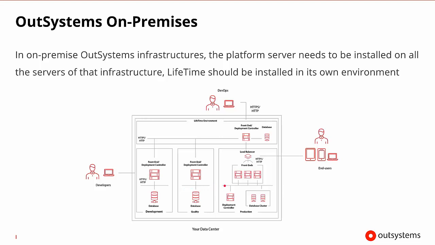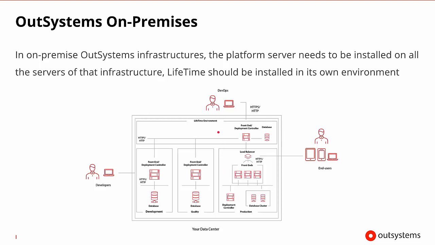a slightly more complicated environment where we may have not just one front end, but multiple front ends, and where in development and QA, we may take our front ends and deployment controllers and have them on the same server because we're not that worried about performance, where in production we'll probably split some of these key components that are in an OutSystems server so that we have more control and we can see and understand the performance of the system better.